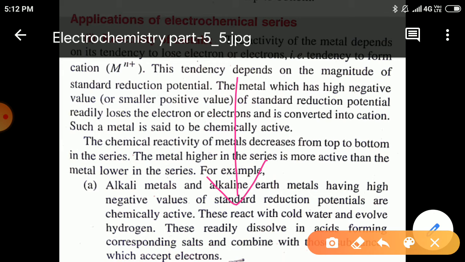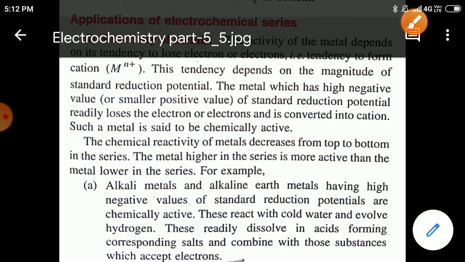So how do we know the reactivity towards losing electrons is found to decrease? We can judge this with respect to the reduction potential. If the reduction potential is more negative, it means more tendency to lose electrons. If the reduction potential is less negative, it means less tendency to lose electrons, meaning less tendency to act as a reducing agent.